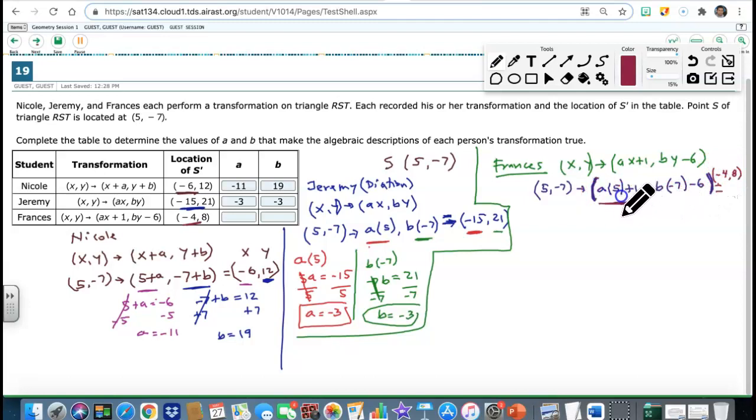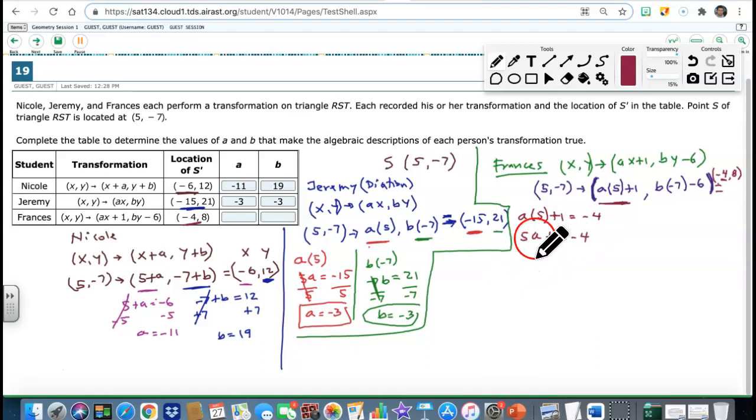Meaning the x value equals the x value, which is negative 4. So a times 5 plus 1 equals negative 4. Or instead of doing a5, let's organize that: 5a plus 1 equals negative 4.